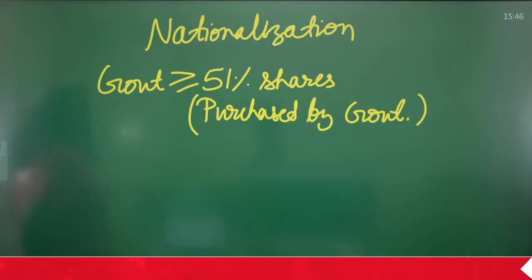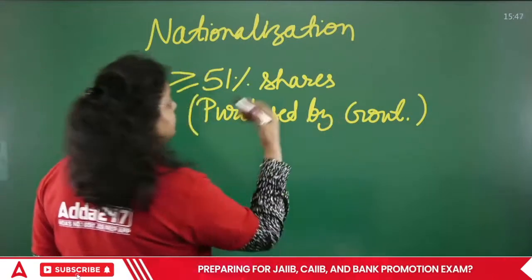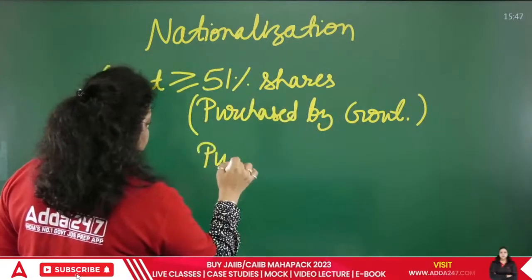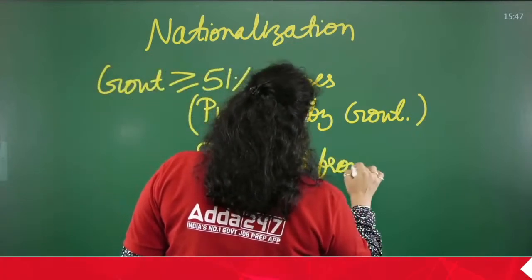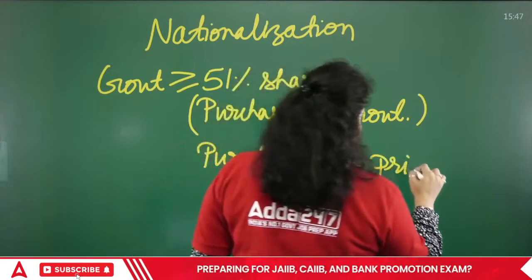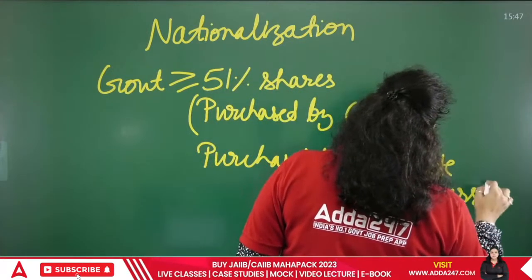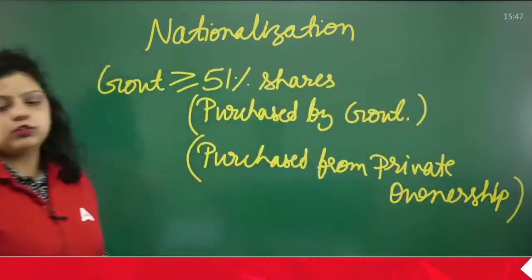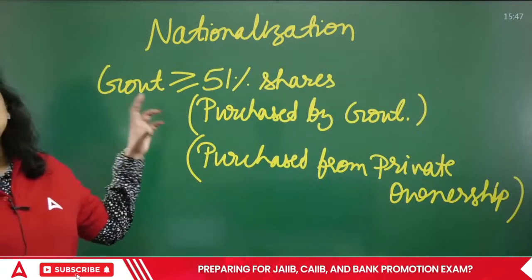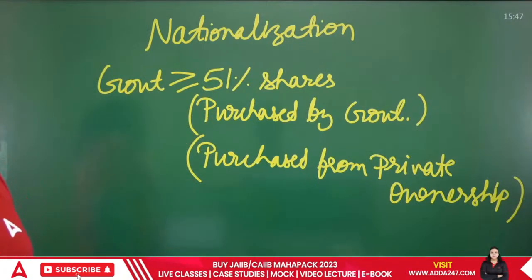No, the government purchased these shares from private ownership. So if the government of India or any government of the country purchases 51% shares or more than that, this is known as nationalization.